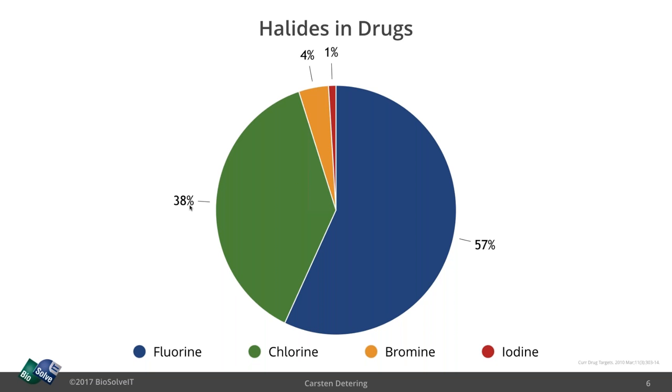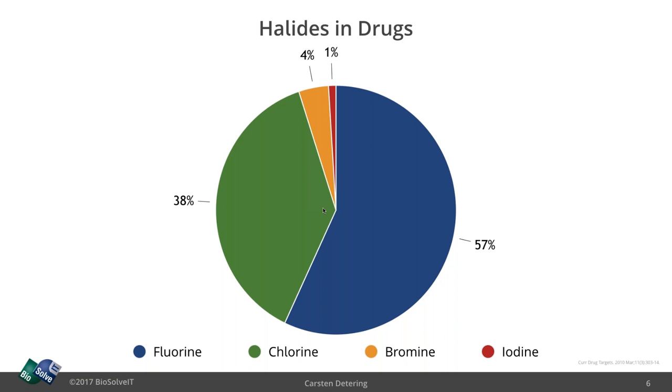Now, chlorine is potentially the more reactive of all the other halides, and the reason why we have only such few bromine and iodine atoms in these molecules is because they do add a lot of weight, and we get into molecular obesity very quickly if we want to add lipophilicity simply through the weight of the atom.